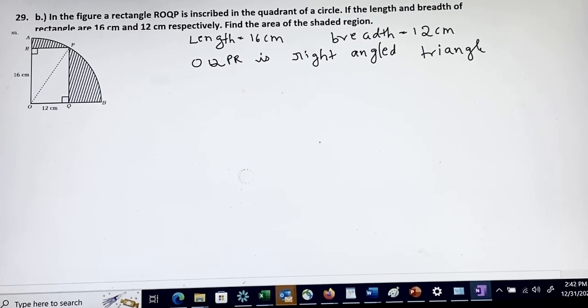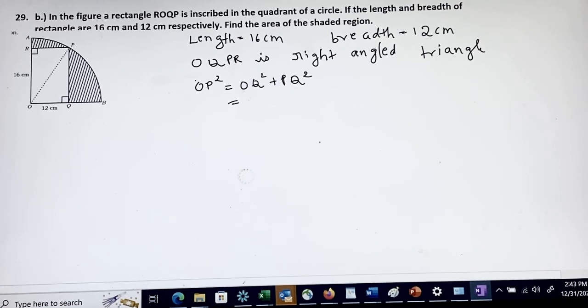So if it is a right angle triangle, then we know from Pythagoras theorem, OP square is equal to OQ square plus PQ square. Okay, now we know the value of OQ.